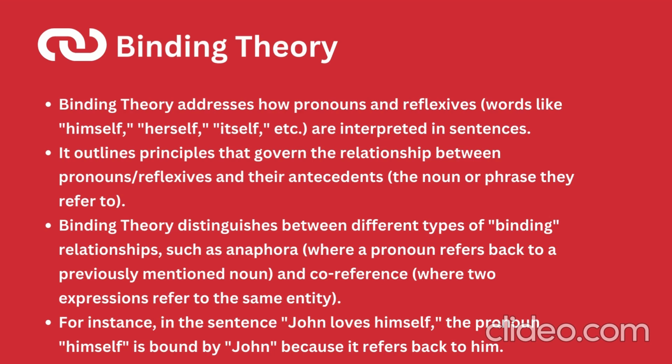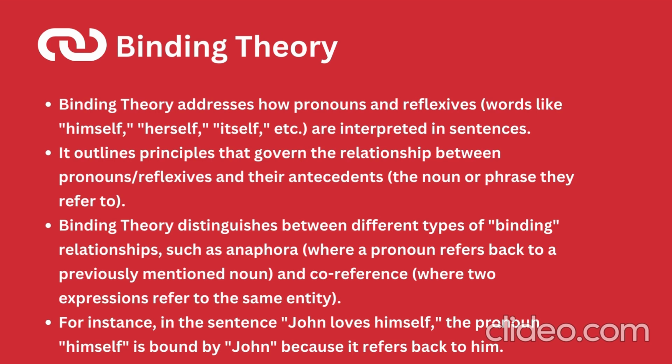It outlines principles that govern the relationship between pronouns or reflexives and their antecedents, the noun or phrase they refer to. For example, look at the sentence John loves himself.